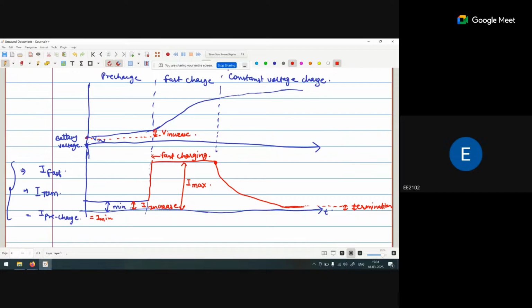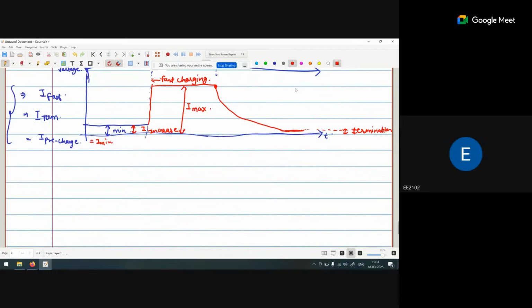Okay, I think after that the professor discussed one charger data sheet. You can check this particular data sheet, the BQ24040.